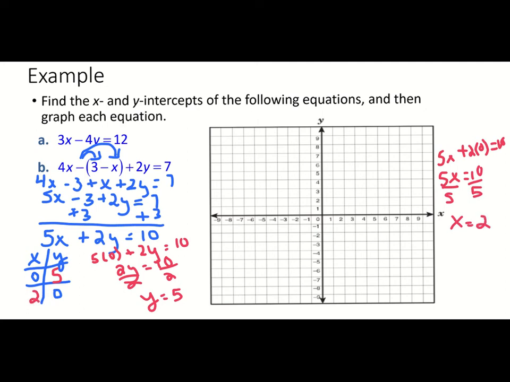So now I have (0, 5), which is on the y-axis, and (2, 0), which is on my x-axis right here. So we'll draw our line. And again, sorry, it's not perfectly straight, but there is our line graphed with our x and y intercepts.